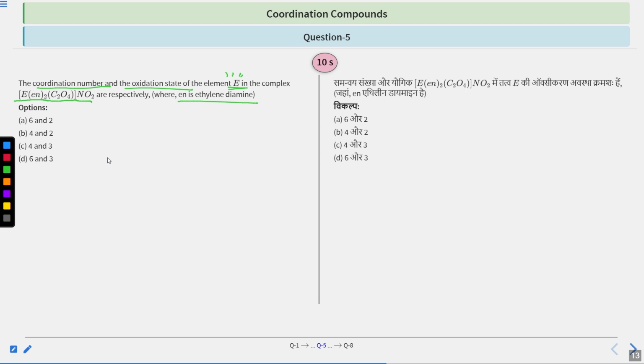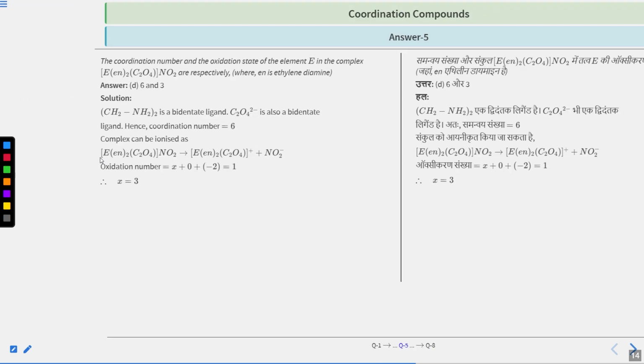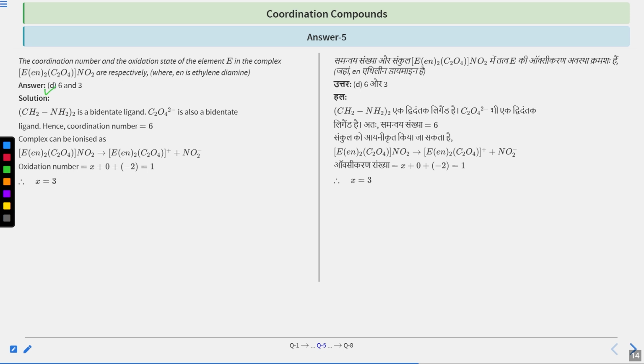You have 10 seconds to solve this question. After that, we will see the answer. Let's see. The correct answer is option D, that is 6 and 3.